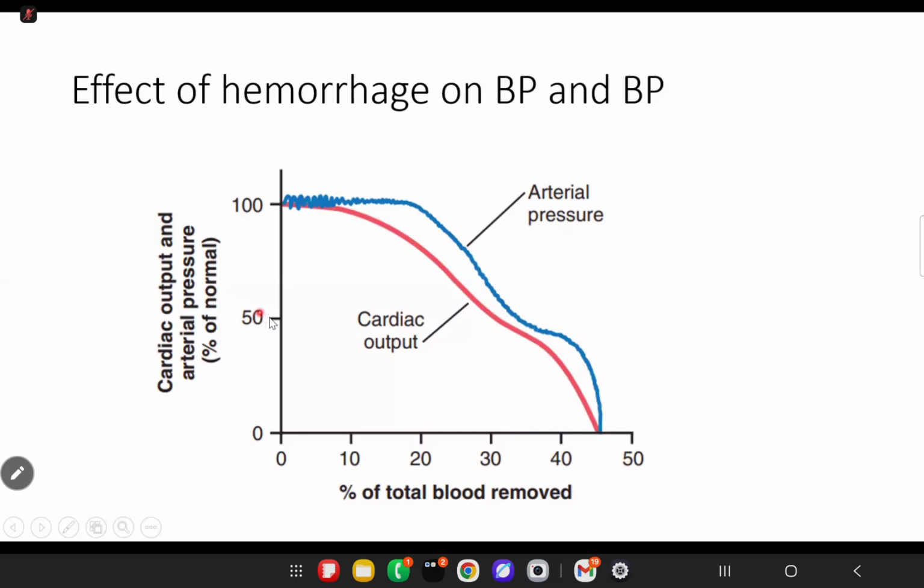Okay. So from 0 to around 35% or 40% blood volume loss, it drops from 50% to 0%.